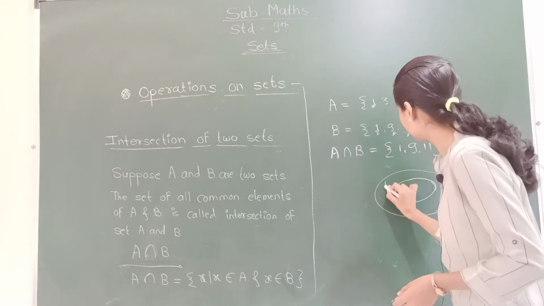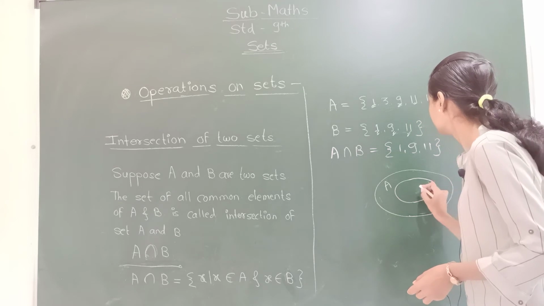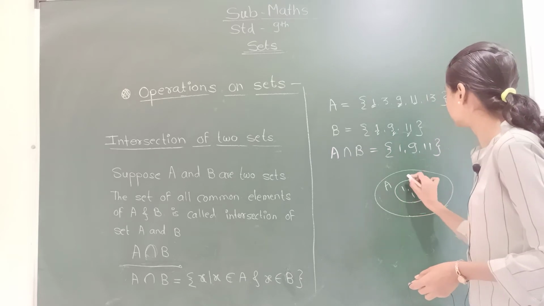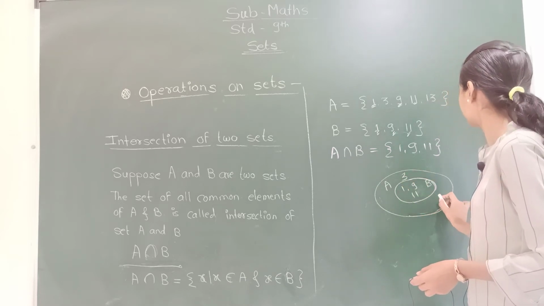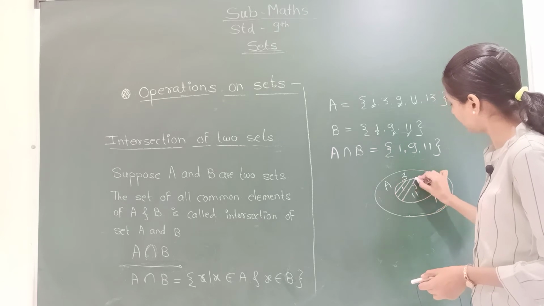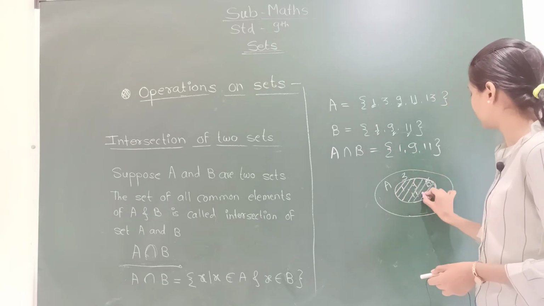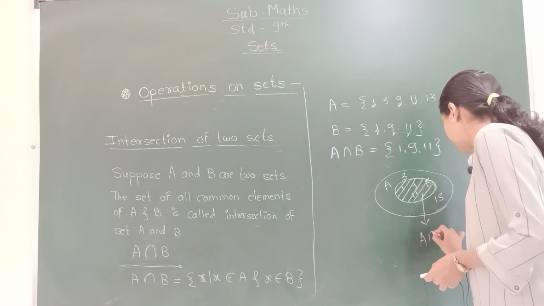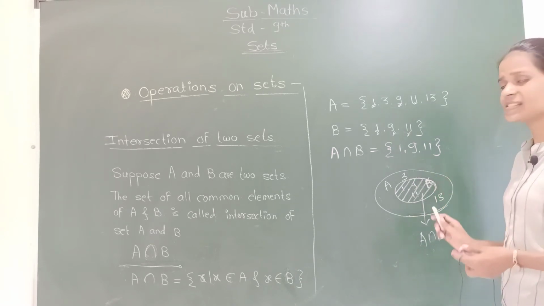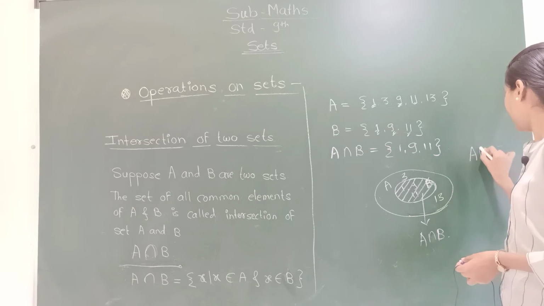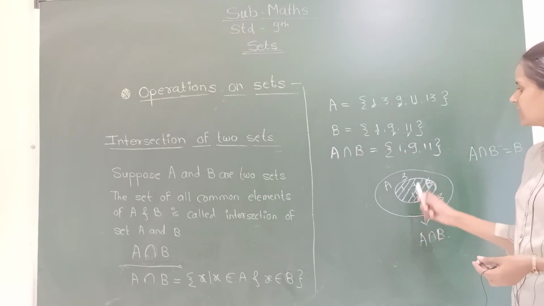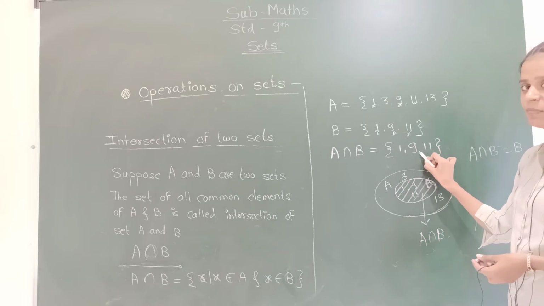Suppose this is the set A and this is set B. And this is A intersection B. Here you can see set B and A intersection B are the same, that is, you can say A intersection B is equal to B. Because you can see the elements in set B and set A intersection B are the same.